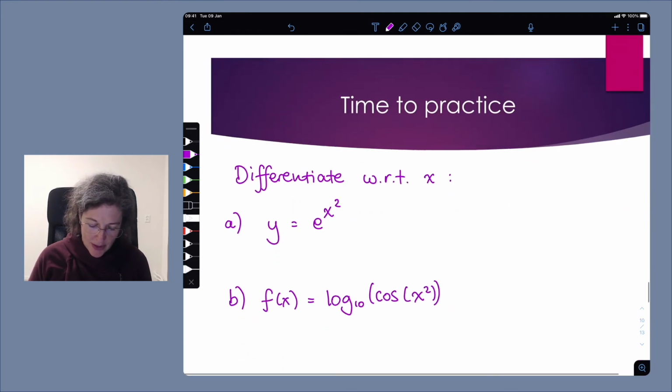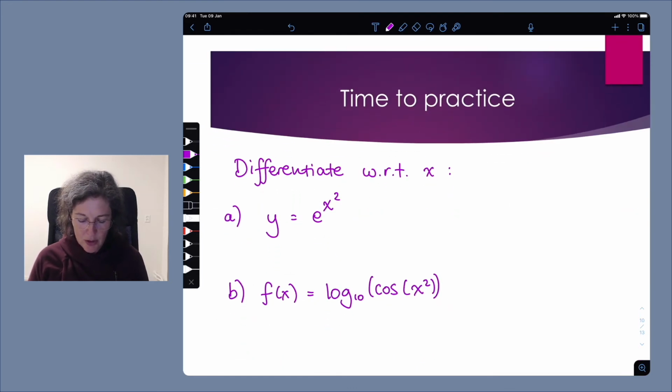Let's do a little bit of practicing. So I want to differentiate e to the x squared with respect to x. So here we're looking at this and we go, this is a composite function. So I've really got some f of x, which is e to the x, and a g of x, which is x squared. And if I take the composition, I get e to the x squared.